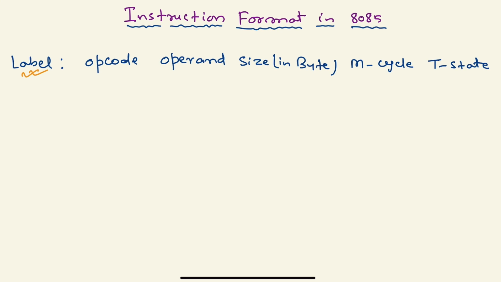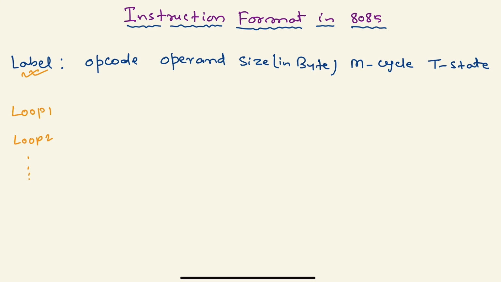As a label we can take Loop 1, or Loop 2, or something else as per the requirement or as per your desire. We can give the label name different names.